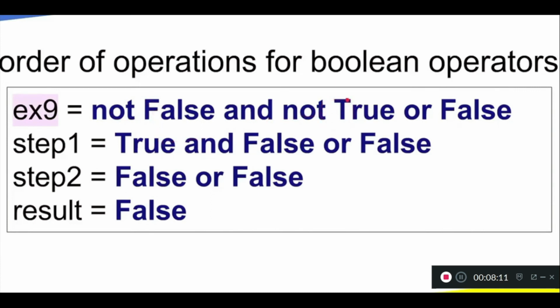Now not true over here becomes false, and the or and the rest of the statement come to step 1 as they are. Now the and statement has precedence over the or statement, so and would be solved first. So true and false would give us false. Then in step 2 you can see false or false, as you learned earlier, would give us a false.